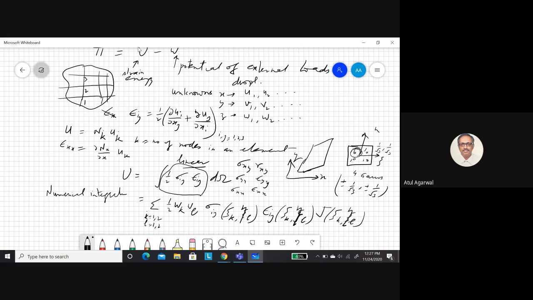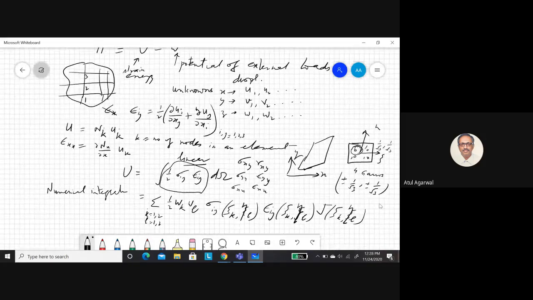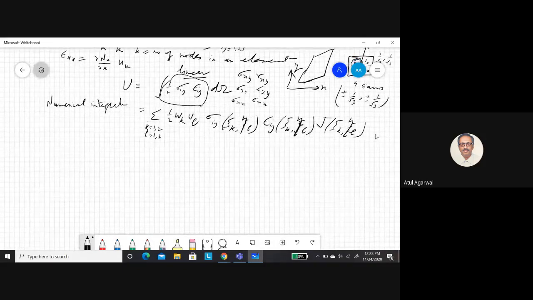So knowing how to do integration is important. Now you have the potential of the external loads, W. So W will be some applied load at some point times the displacement at that point.